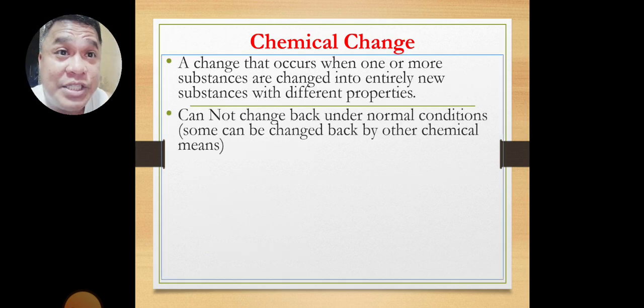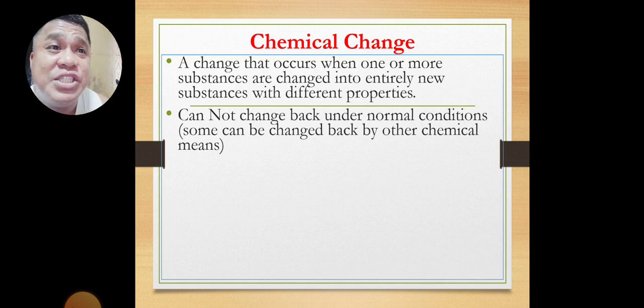That's for physical change. A chemical change occurs when one or more substances are changed into entirely new substances with different properties. Meaning to say, something changes in its chemical composition. From this form to another form, you have created something else, new substances. They form a new one upon reaction of the reactants, and of course it cannot change back under normal conditions.